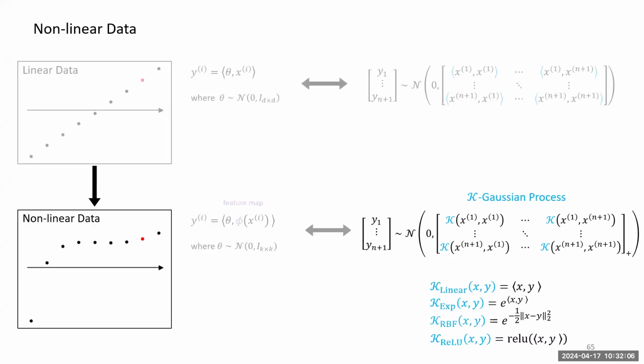I will call this a k-Gaussian process, and in fact, we'll consider k's which are symmetric, but not necessarily positive semi-definite, so they are not kernels. And this class is strictly larger than the class of linear functions of feature maps, which are all kernels. So example choices of k include the linear, exponential, RBF, and ReLU. Note again that ReLU is not a kernel because it's not PSD.